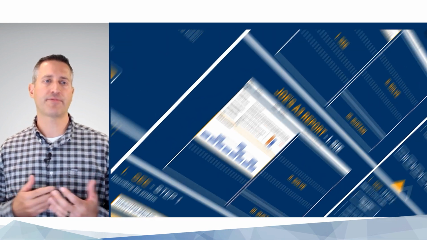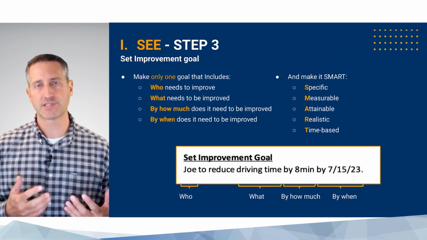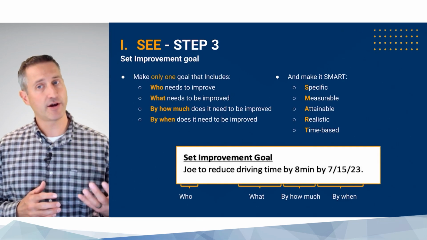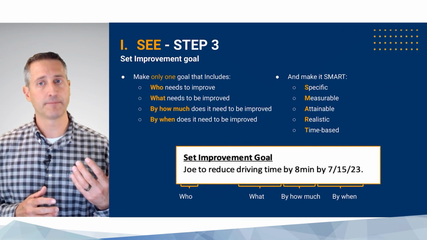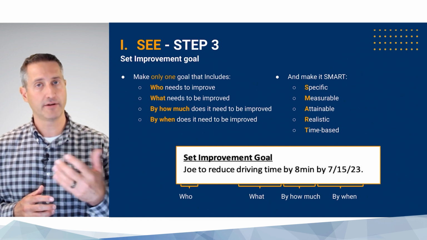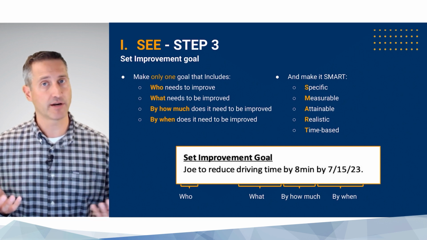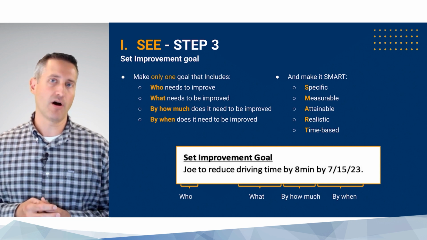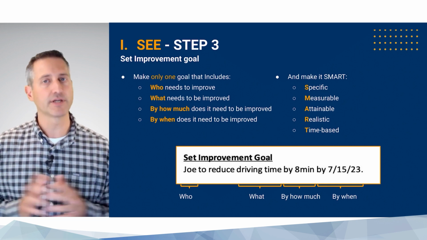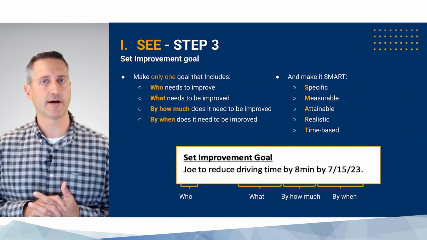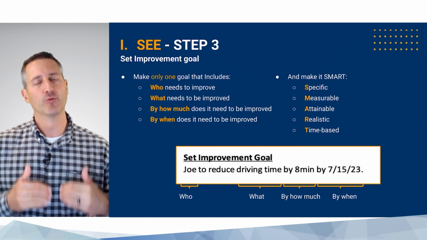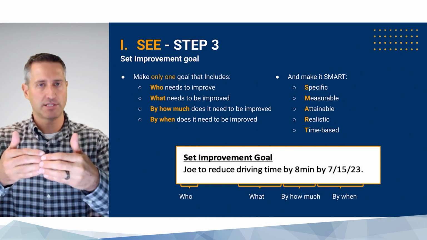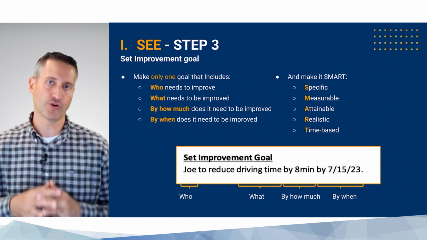So in step 3, what we're interested in doing is setting a goal. We didn't set a goal in step 1. You may feel like we did, like, oh, he's got to reduce 15 minutes. But the reality is, in any problem that we solve, eliminating it completely is pretty darn hard. And what we want to do is set realistic targets that move us closer and closer to goal.